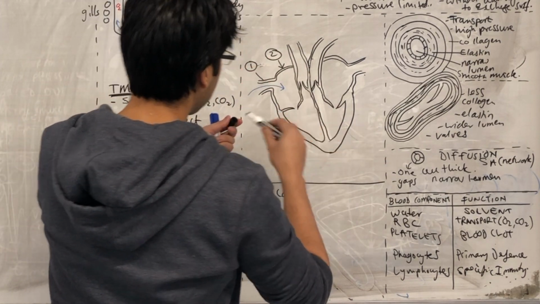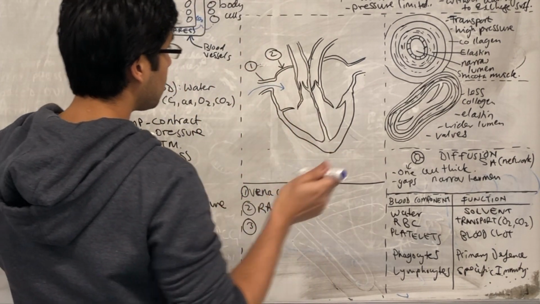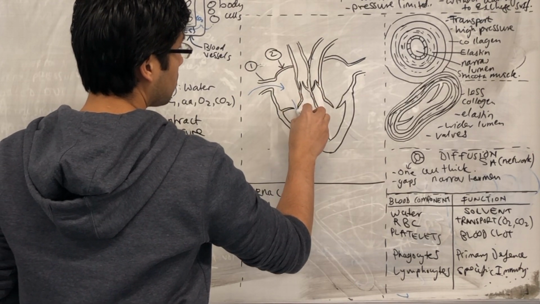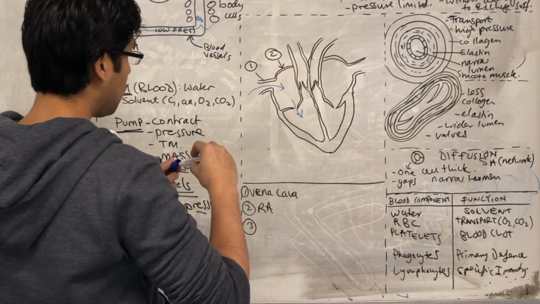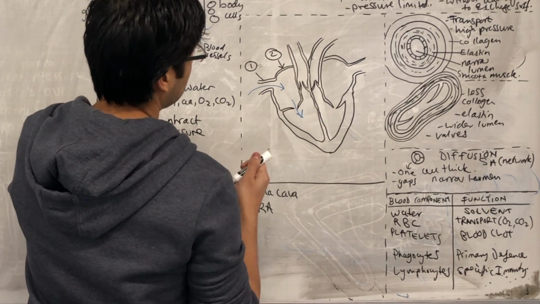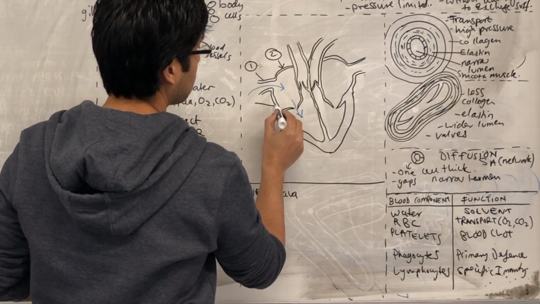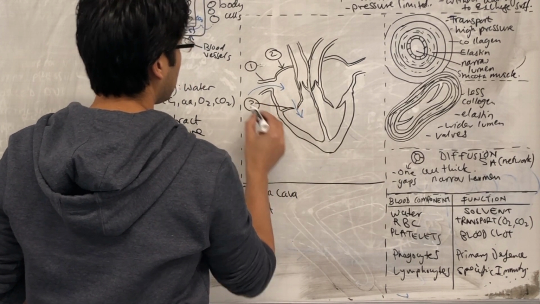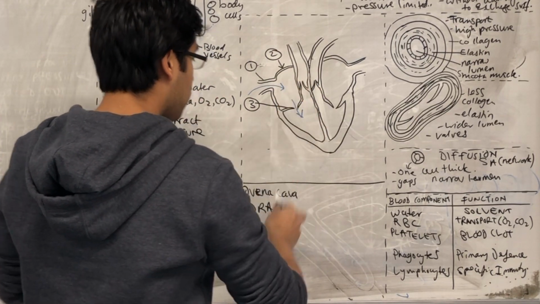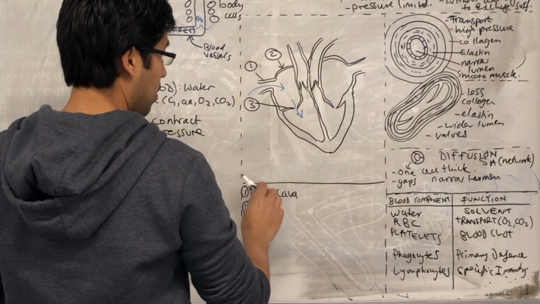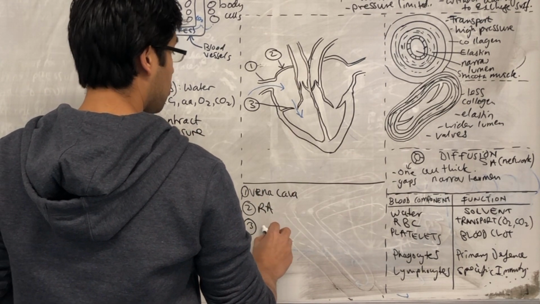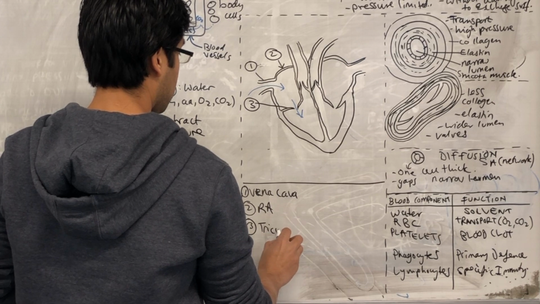Now, the next thing that's going to happen, the right atrium contracts, or the atria contract, and the deoxygenated blood moves through structure 3, which is the right atrioventricular valve, but often known maybe more specifically as the tricuspid valve.